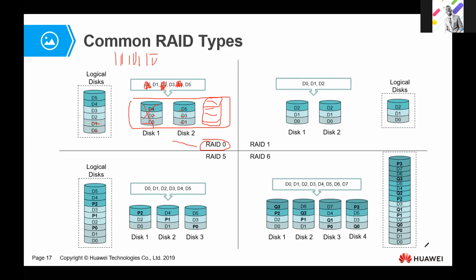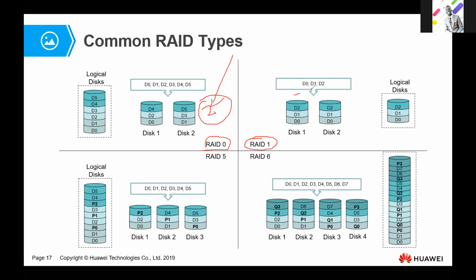And we are saying for you to be able to implement RAID 0, you need at least 2 disks. The same also applies to RAID 1. We need at least 2 disks. Yes.